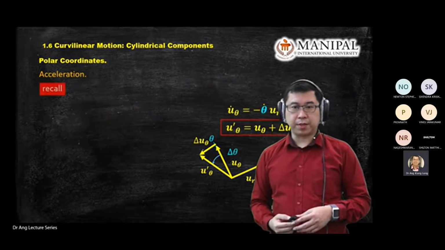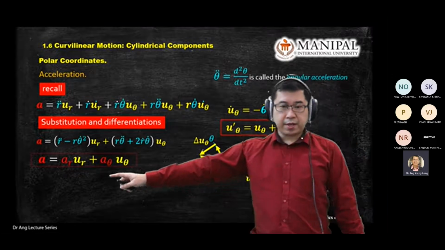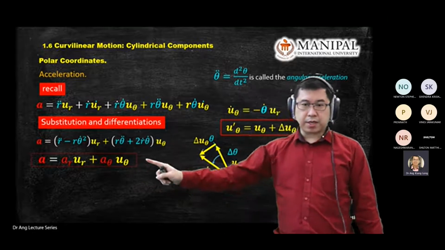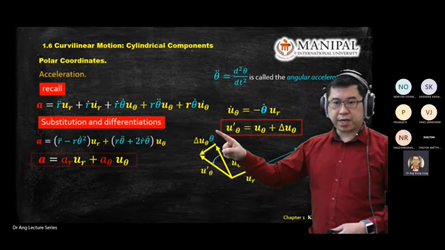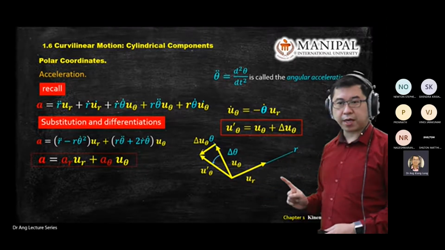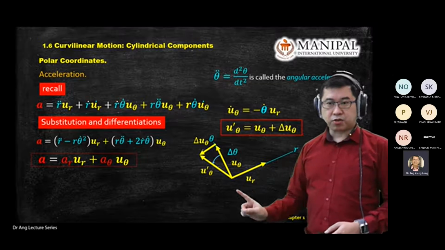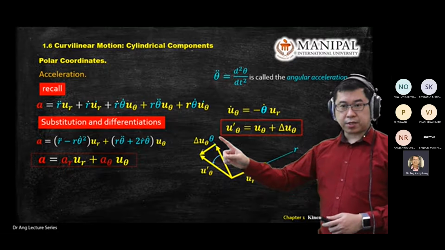This we have explained in the previous lecture. We have arrived at the acceleration equation, this one and this one. So in polar coordinates, you always have the theta axis and the R axis, the radial axis and the transverse axis theta.